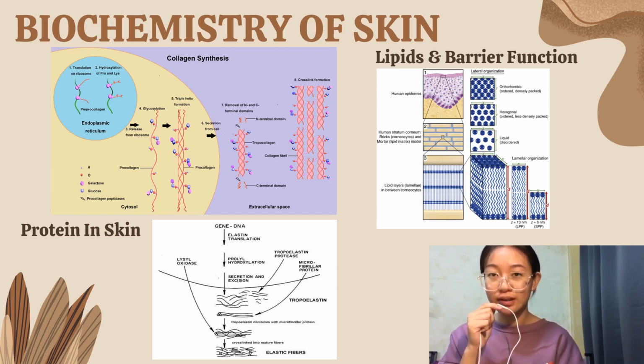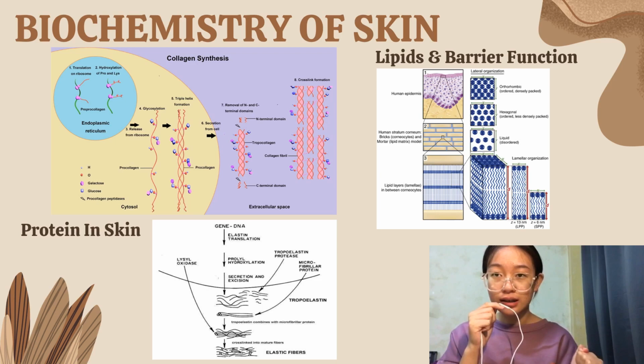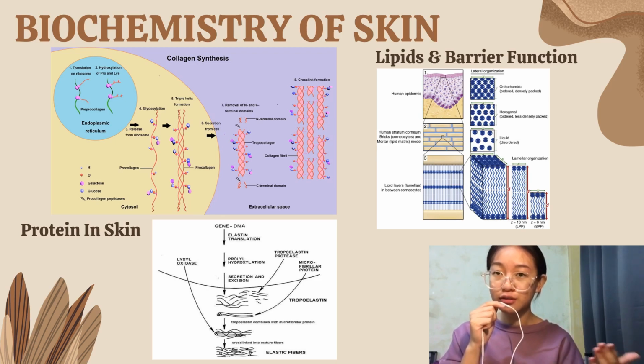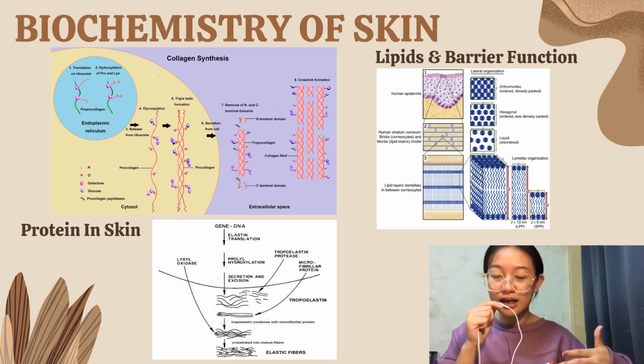It then aggregates to form the collagen fiber. Okay, and then whereas elastin, it provides the tissue with elasticity and the ability to recoil after stretch. So in the skin, the elastic fibers work with the collagen to provide the structural support and maintain skin integrity.